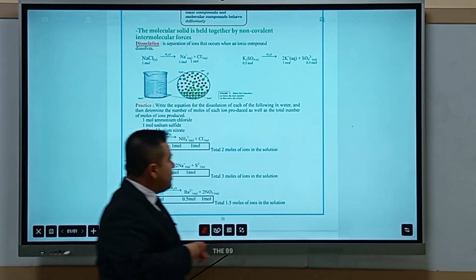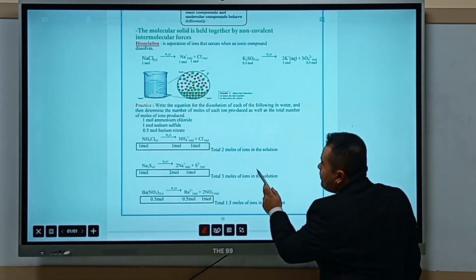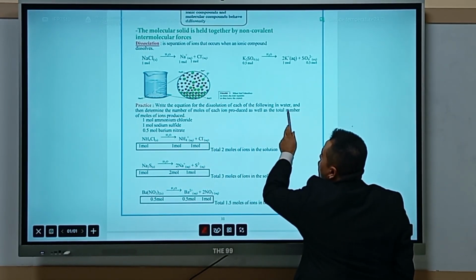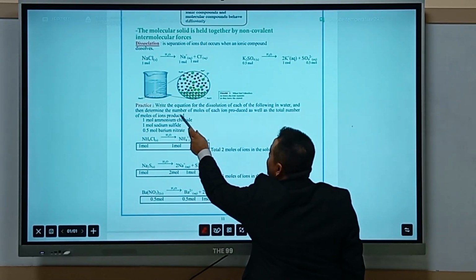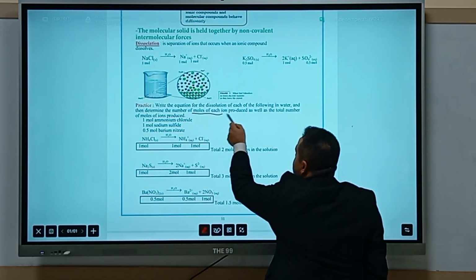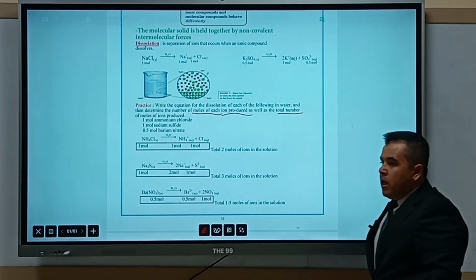Here are the examples of the book. Write the equation for the dissolution of each of the following in water and determine the number of moles of each ion produced as well as the total number of the ions.